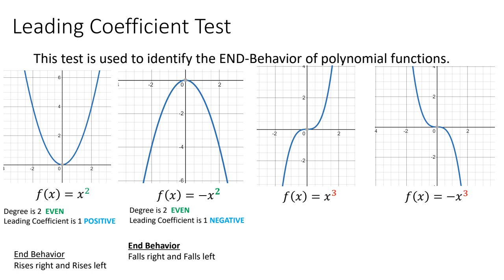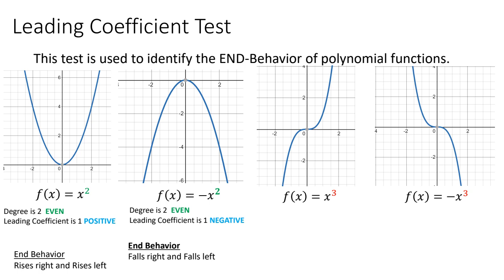So if you are dealing with a polynomial that is even, with a degree that is an even number, if the leading coefficient is positive, it rises on left, rises on right. If the leading coefficient is negative, it falls on left, falls on right.